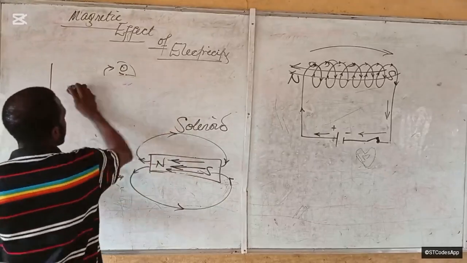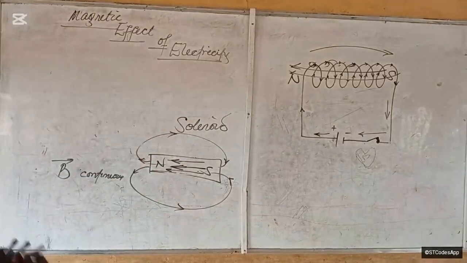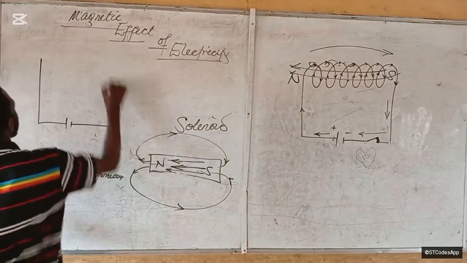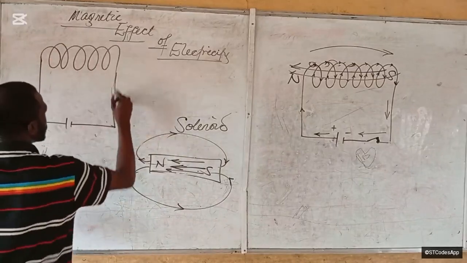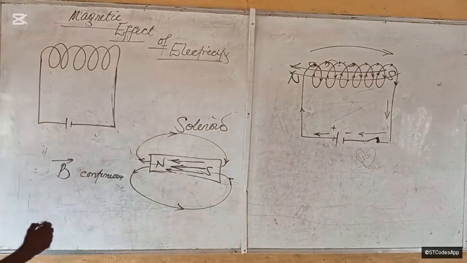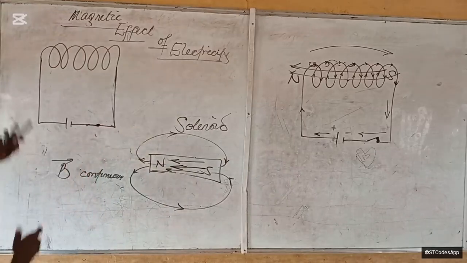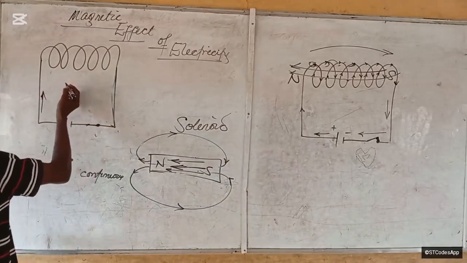Now, here is the simpler approach. I still have my system, so here is my solenoid. I switch it on. The system is switched on, and current will run like this. Is that okay?